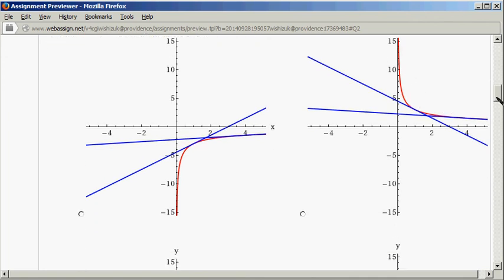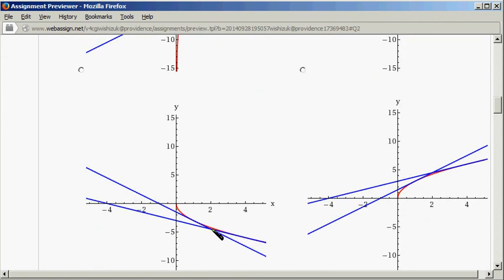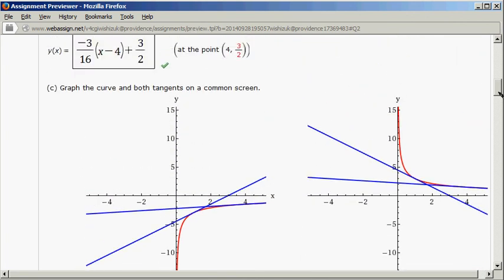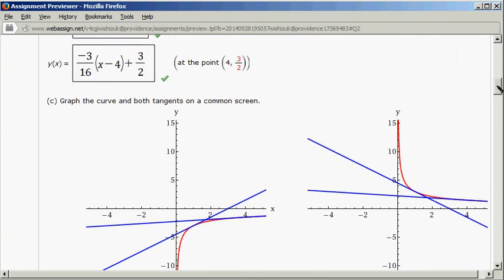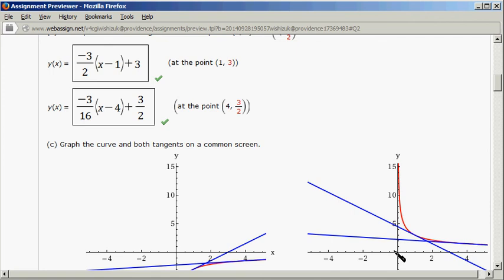This one is promising. The second one is promising. Not this one, not that one. Actually, there's only one promising one. So let's make sure of the tangent lines. You have a tangent line at 1, right here, and it looks like a tangent line. Yeah, that looks okay. And at 4, you have a tangent line.